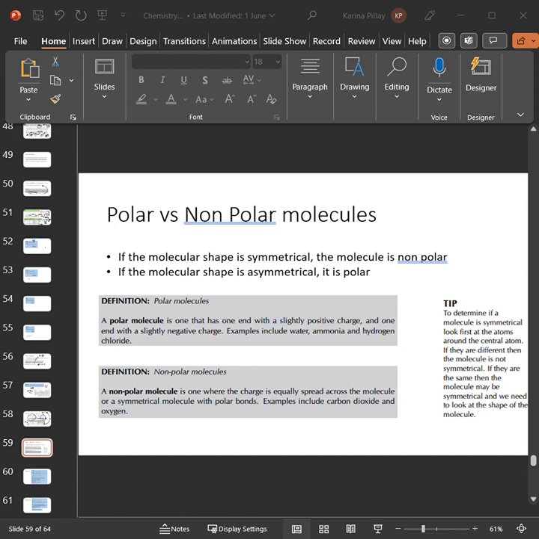You have to check the shape of the element you're dealing with. If you find out your shape is symmetrical, then it's automatically a nonpolar bond. But if your shape is unsymmetrical, then it would be a polar bond.